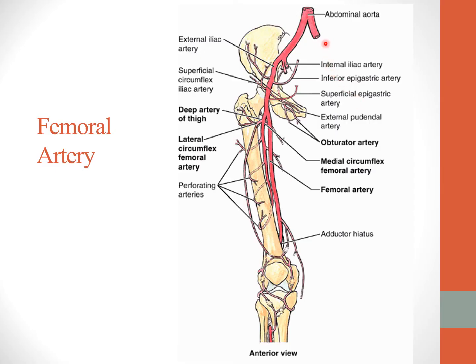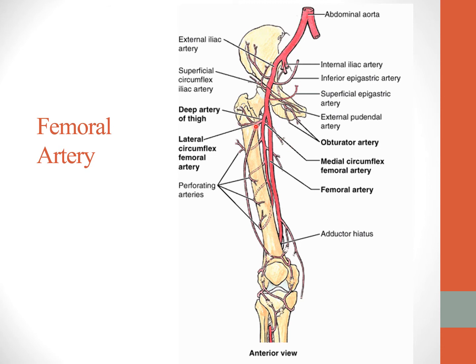Here we can see this is our abdominal aorta, common iliac, internal, and this is the external iliac. Adding one ligament from femoral, the femoral artery will descend downward, and as it descends, it gives the deep artery of the thigh. This deep artery of the thigh gives the lateral circumflex, which is moving over here, as you can see, and the medial circumflex, which is running on the medial aspect.